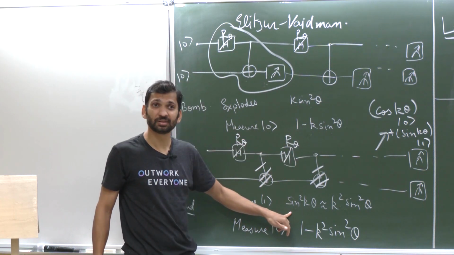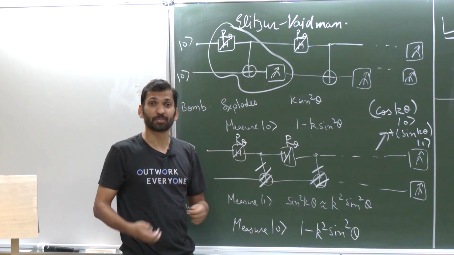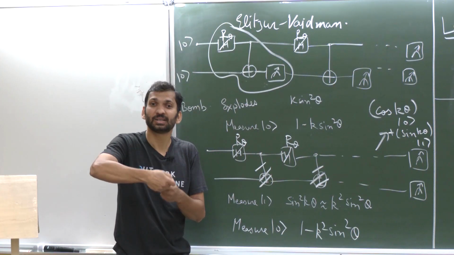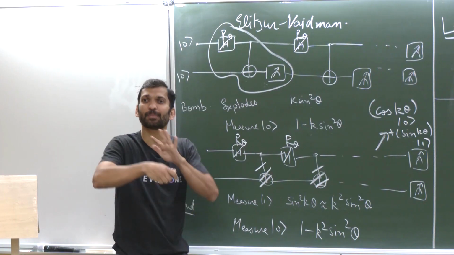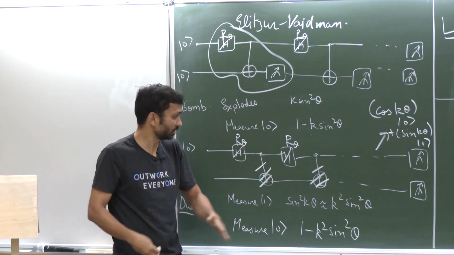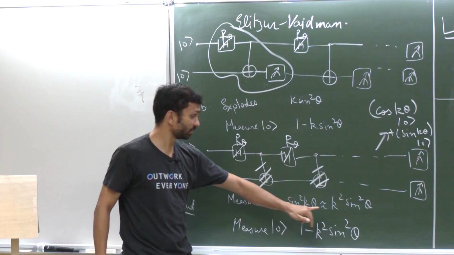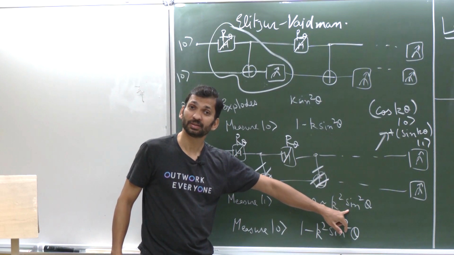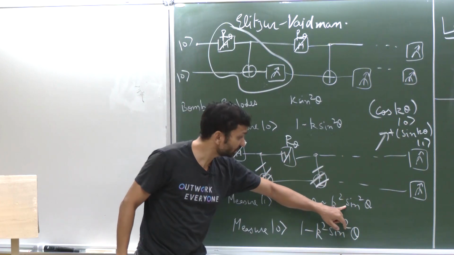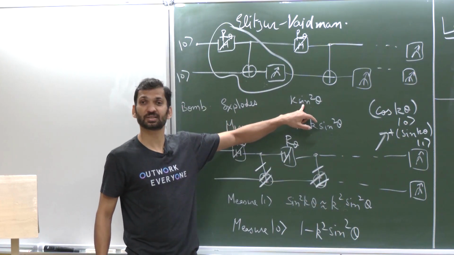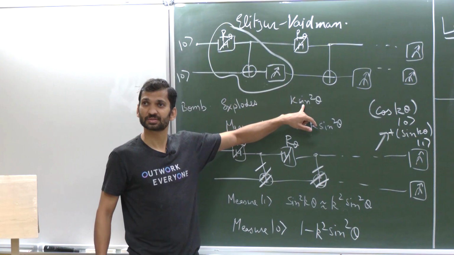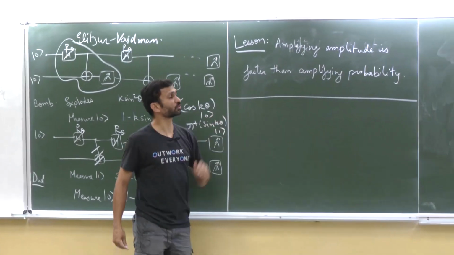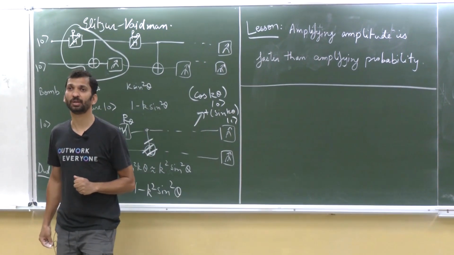What happens here? Here the probability doesn't add up, but the amplitude adds up. Sine theta, 2 sine theta, 3 sine theta approximately, 4 sine theta. So here I am amplifying amplitude, which gives me probability k square sine square theta. This approaches 1 much faster than this. So the lesson is that amplifying amplitude is much faster than amplifying probability.